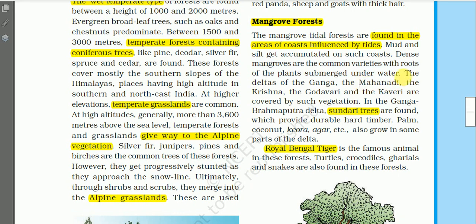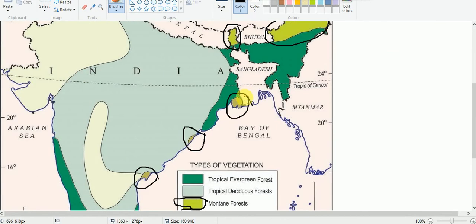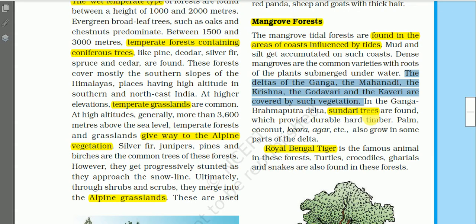As I told you, these forests are found in the deltas of Ganga, Mahanadi, Krishna, Godavari, Kaveri, and in the Ganga Brahmaputra Delta. Just see here in this area. In the Ganga Brahmaputra Delta, the Sundari trees are found, which provide durable hard timber.